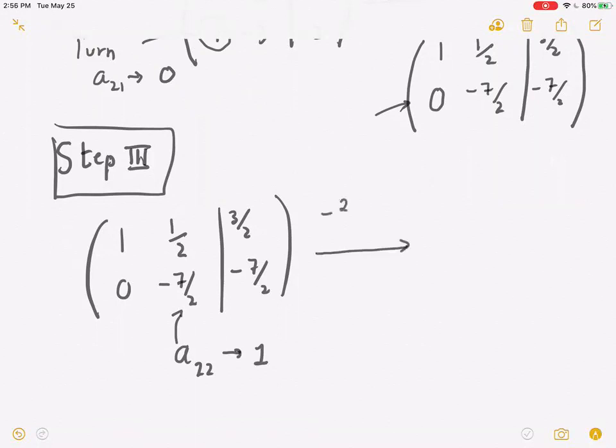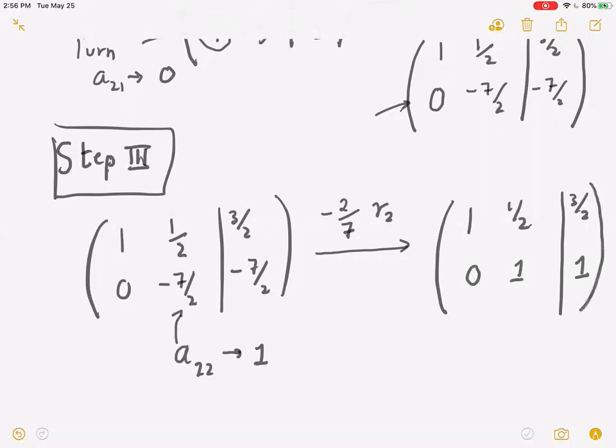Well, if you just take row 2 and multiply it by -2/7, then you will get a new augmented matrix, which simply looks like this. So we're changing the form of the augmented matrix for a reason we'll see in a minute, but we're not doing anything to the solution of the problem. We showed that previously.